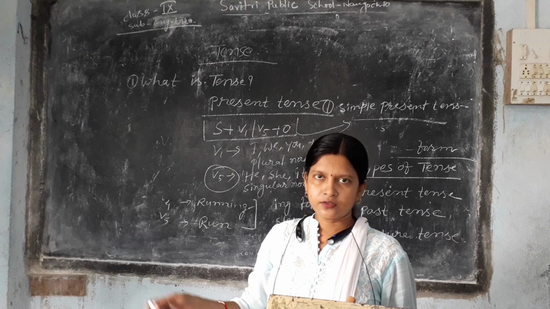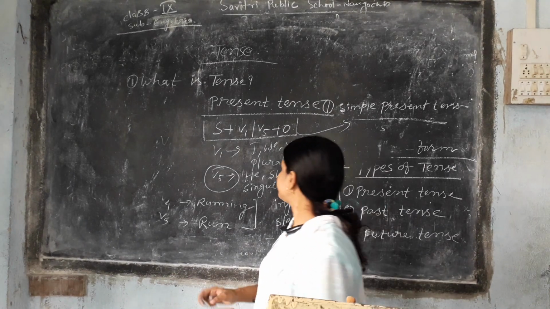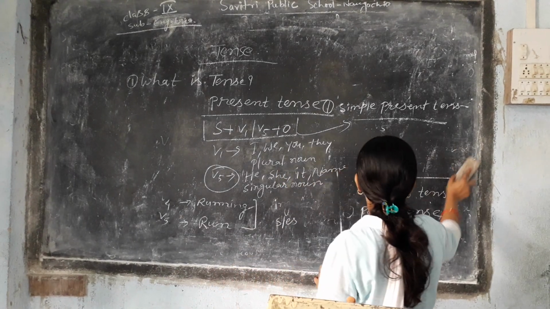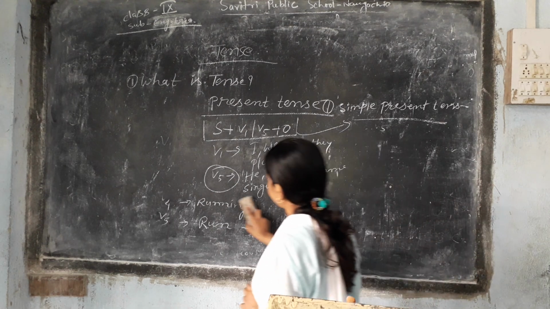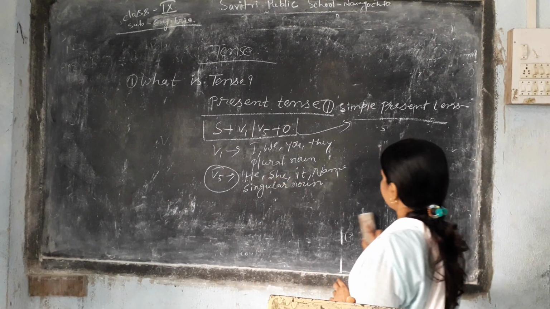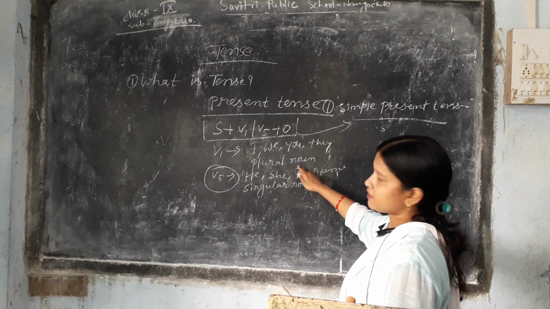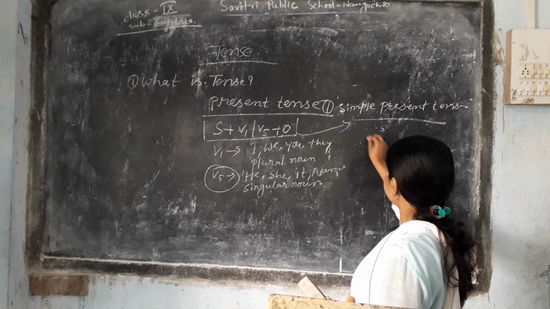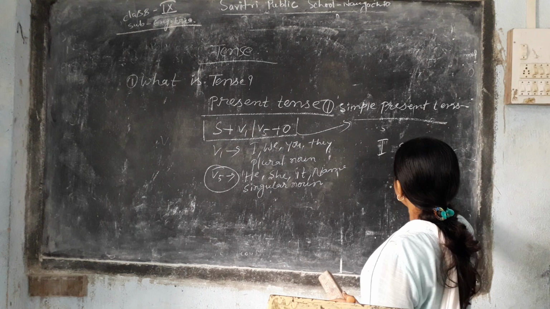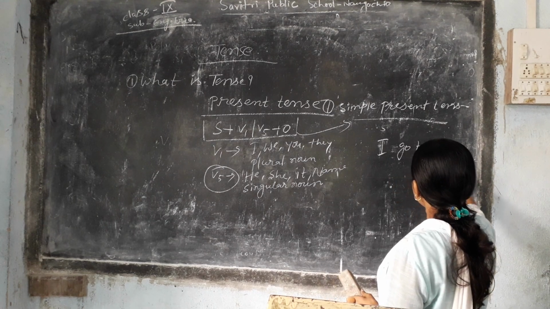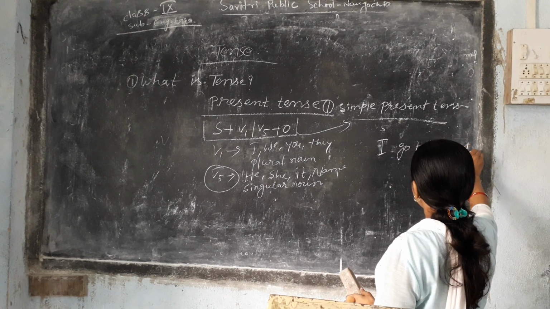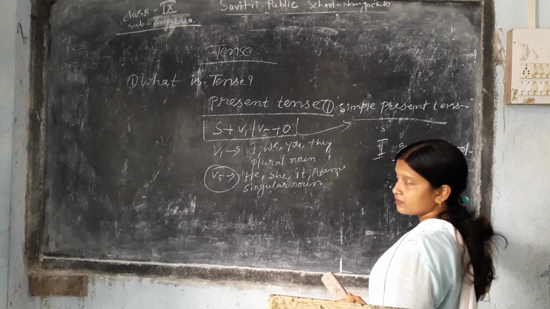I can show here some examples. The first form, example of first form: I go to school. With I, I have used V1.